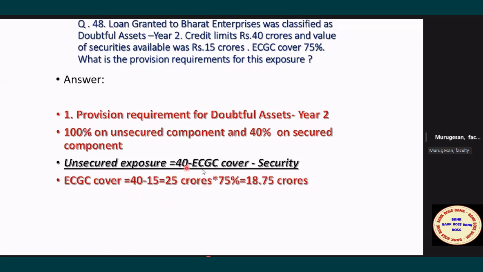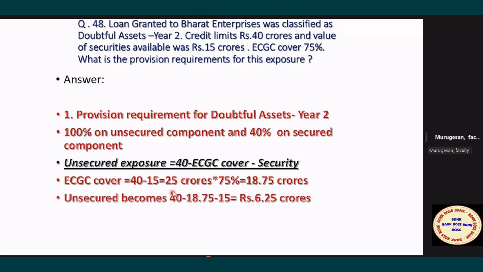First for ECGC cover, you have to calculate like this. Exposure this, security this. So 25. The ECGC will definitely give cover, 50, 60, or 75. Whatever they give, you take it.